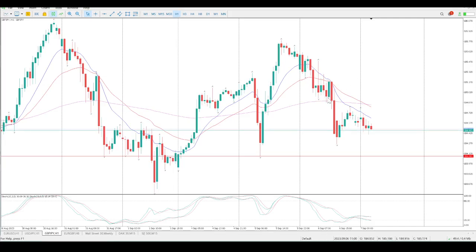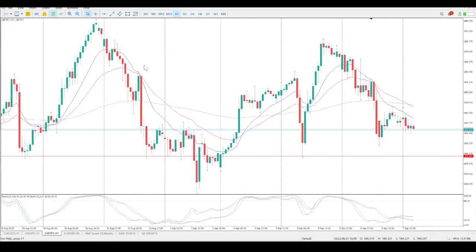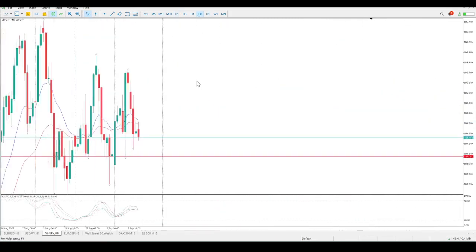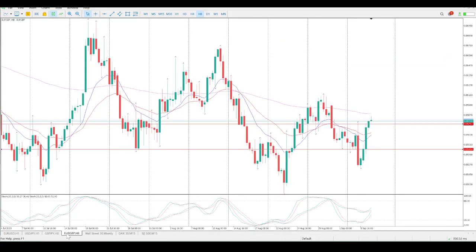We have broken the moving averages, so if it holds, then there could be a move to the downside brewing, but I think it's going to take a while to settle out because the strength of this up move was relatively strong. So it's going to take us a while to form the rounding top and the break before we start getting a change in direction. But for me, I am on the sidelines there.